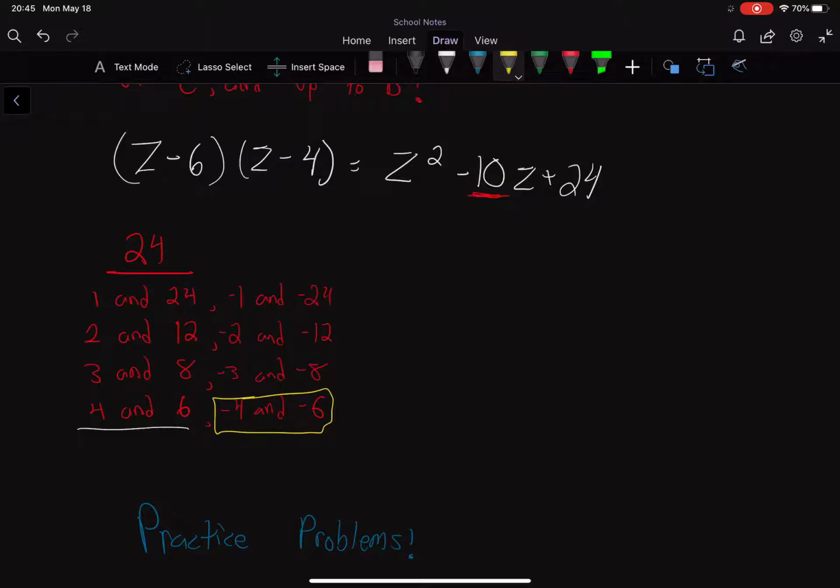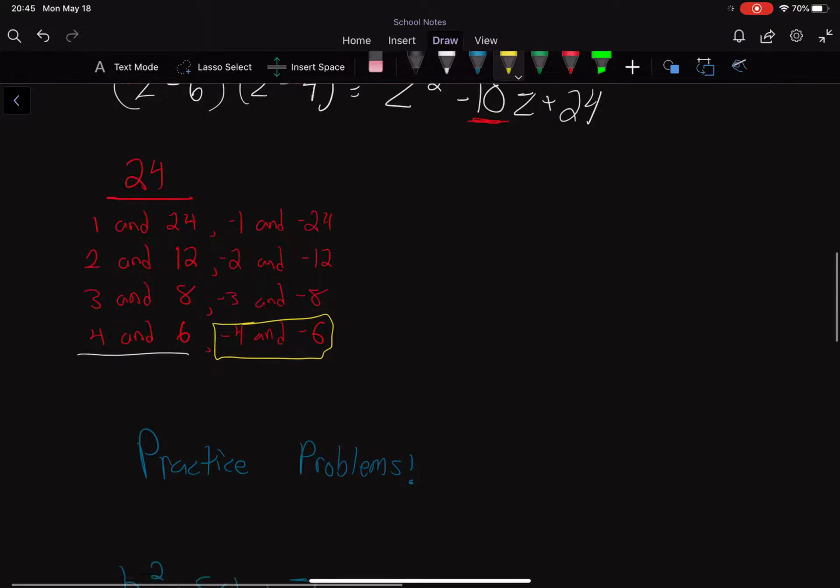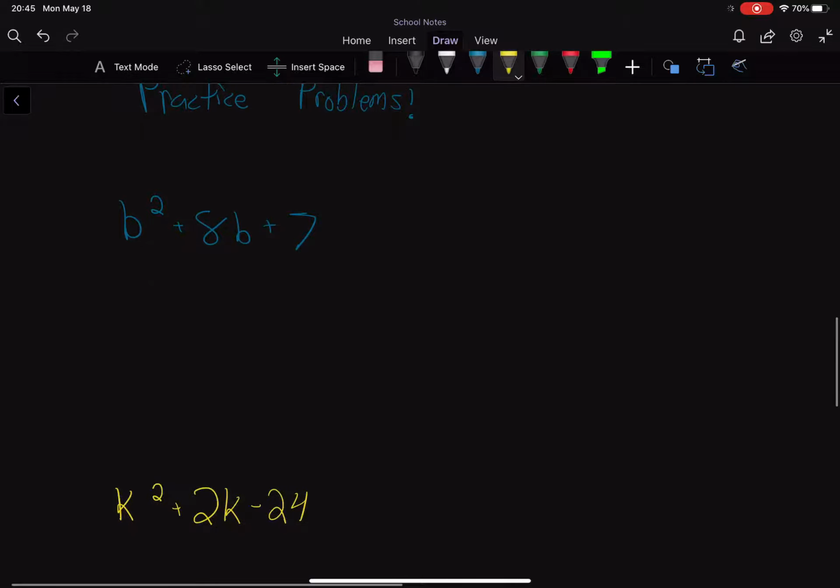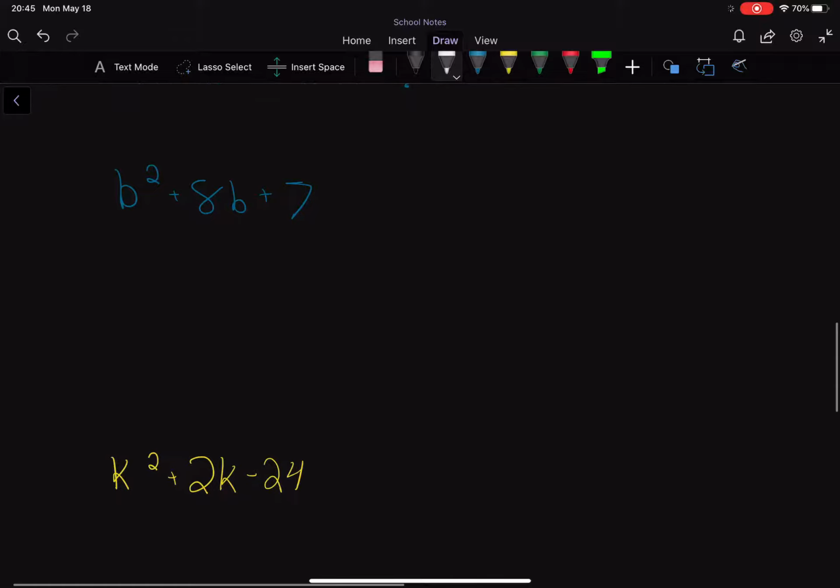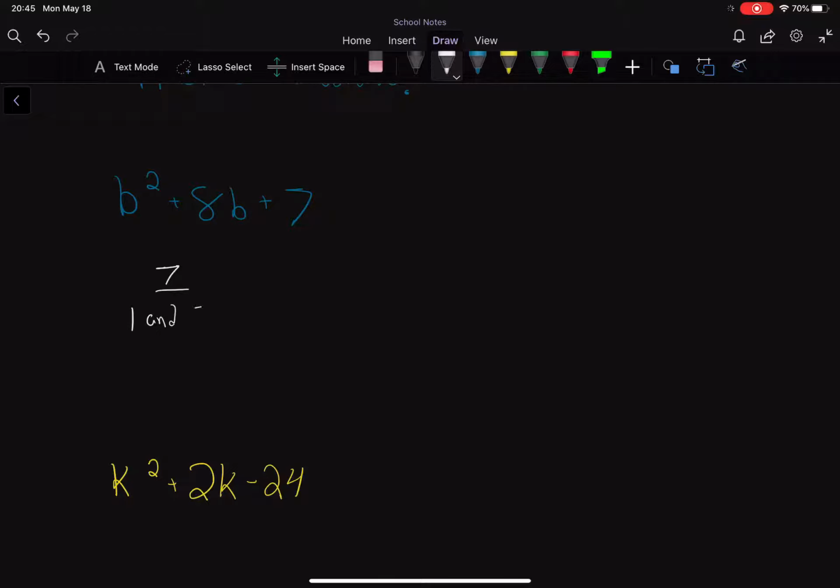So now let's try to do some practice problems and actually figure this out instead of already having it factored. If you want to pause the video, work on this yourself, and then come back and double check your work. So first question, we have b squared plus 8b plus 7. All right, so 7 is our C term. Factors of 7: 1 and 7.